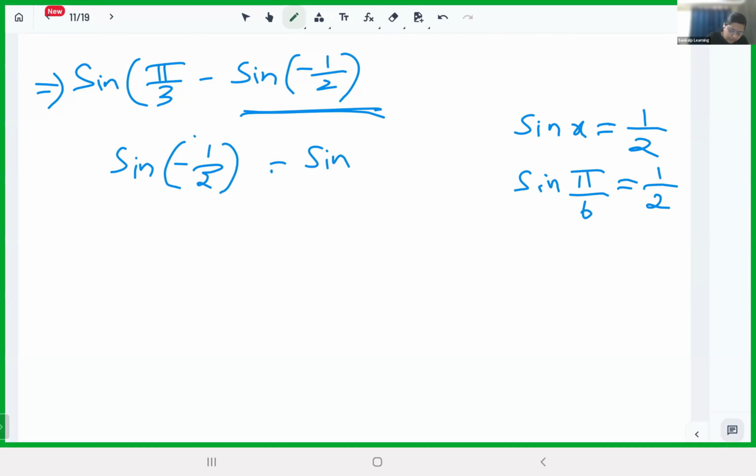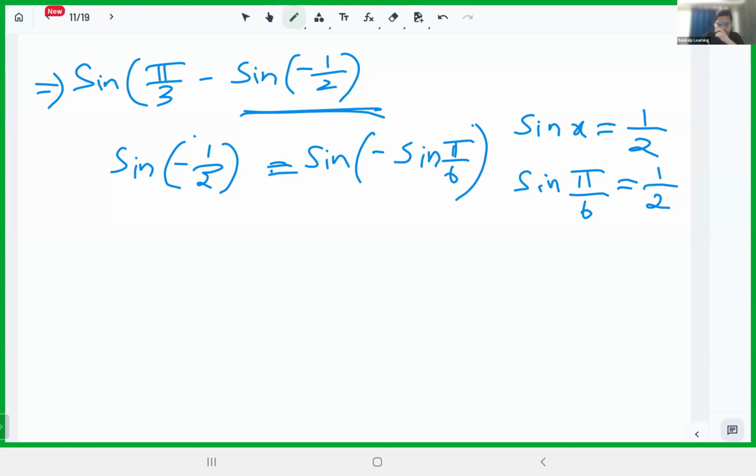So I'm going to write this one as sine of minus pi by 6. The minus is already in the question, and this 1 by 2 can be written as sine pi by 6. So I'm replacing this 1 by 2 with sine pi by 6, and everything else stays the same as in the question.